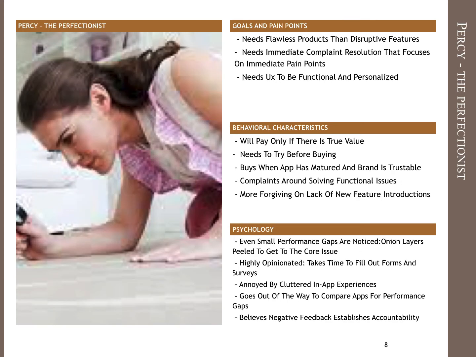Now, Percy here is more of a perfectionist, just the opposite end of Earl, right? She needs flawless products rather than the disruptive type of product features, correct? Her pain points are more focused on, I want the product to work today. It's got to be very functional. And it's got to be personalized to me. And if there's some little snag or anything in the product, you better fix that, or I'm just going to go to somebody else.